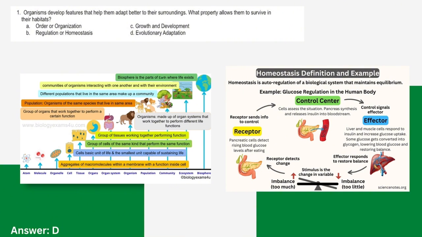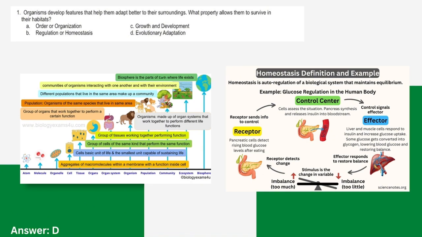Why not A? Okay? Order means cells and structures are organized, but it doesn't guarantee survival. Why not letter B? Homeostasis maintains stable conditions inside one organism, and it's not a long-term adaptation. It's only for a short period of time. Why not letter C?